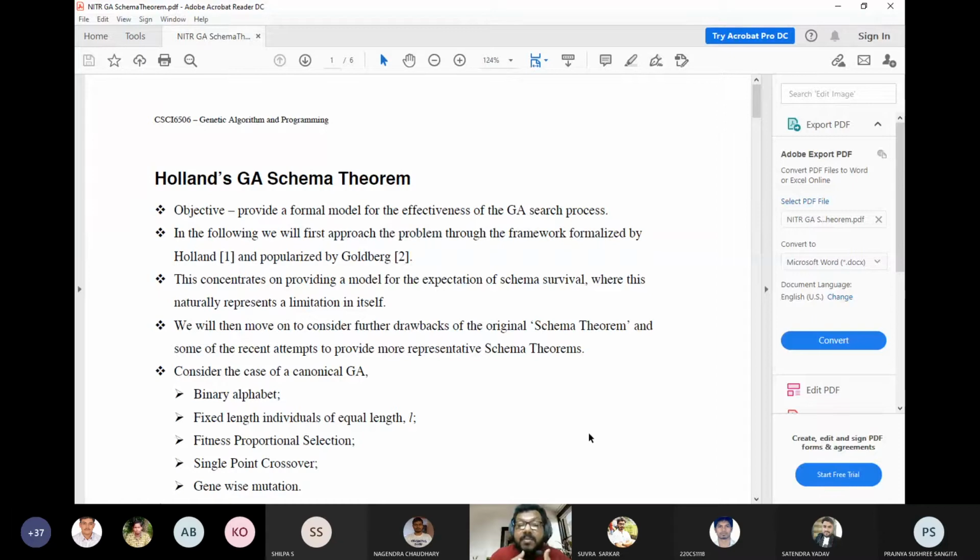So a model was proposed, a mathematical framework formalized by Holland and later by Goldberg, which proves that there is a certainty, a high probability, just as we have discussed in the case of conventional randomized algorithms, that we are going to find a solution with high probability.